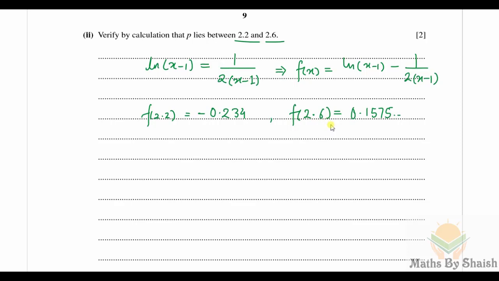So it means the root of this equation, which is of course p, is lying between 2.2 and 2.6.